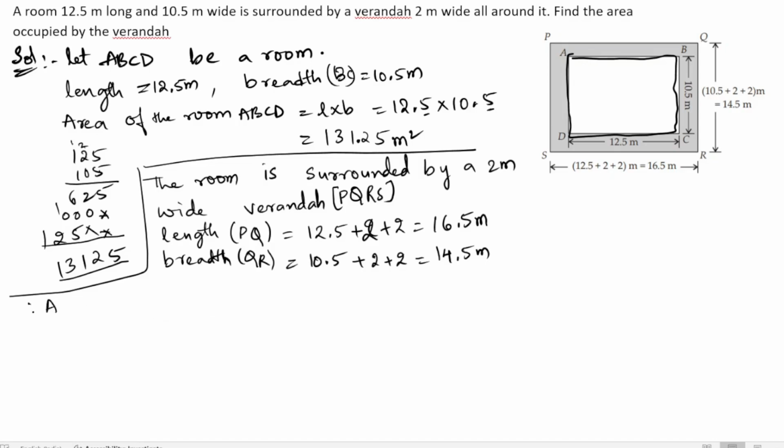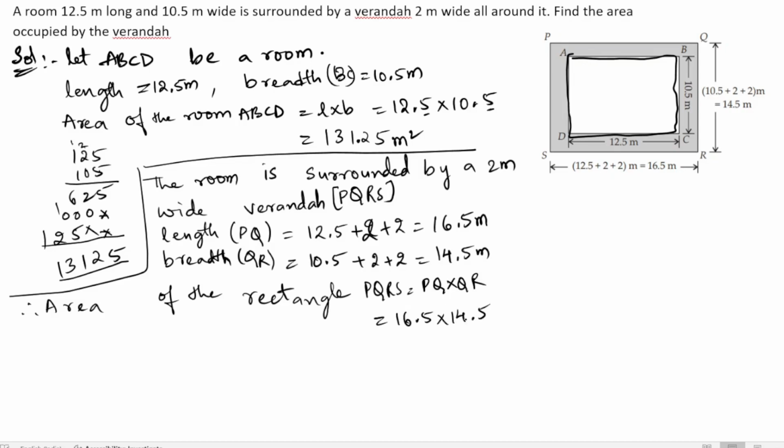We need to find the area of the rectangle. So the area of the rectangle PQRS is length into breadth, PQ into QR. So we get 16.5 into 14.5.